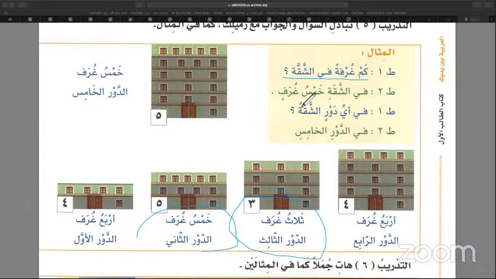In the apartment, 5 floors. Okay, 5 floors. In the apartment is 5 floors. Which apartment just has 5 floors? 5 rooms. غرف means rooms.